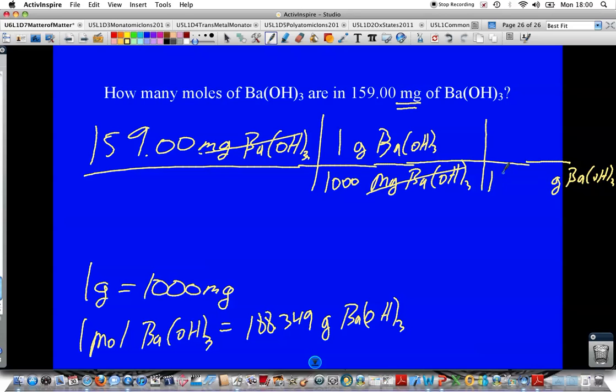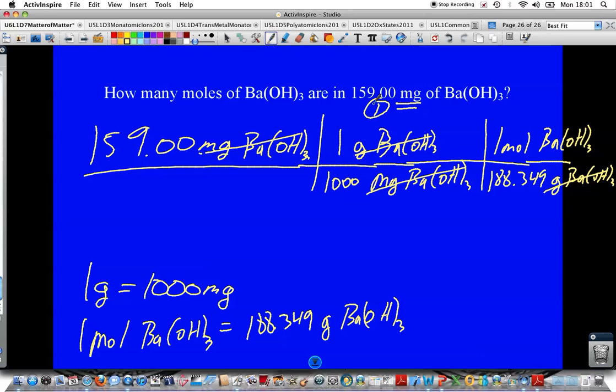So the grams part, 188.349, goes on the bottom, and the 1 mole of barium hydroxide goes on the top. My grams of barium hydroxide cancel. Then we plug that in: 159.00 milligrams, and I'm going to go step by step. This is step 1 right here. 1,000 is on the bottom, so we're going to divide by 1,000.